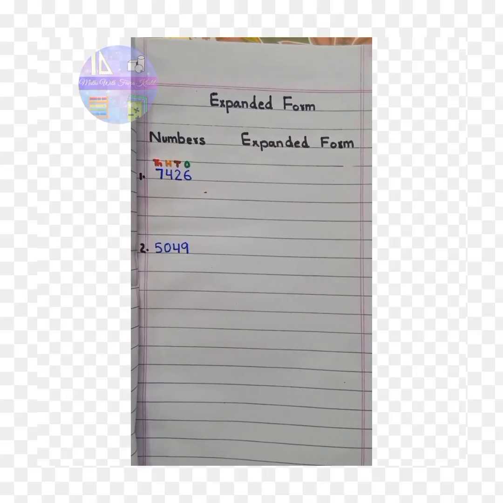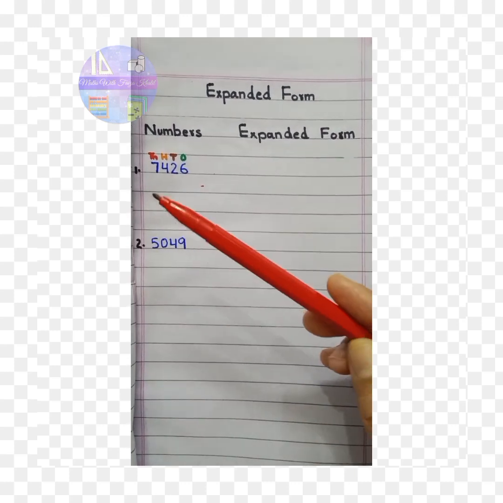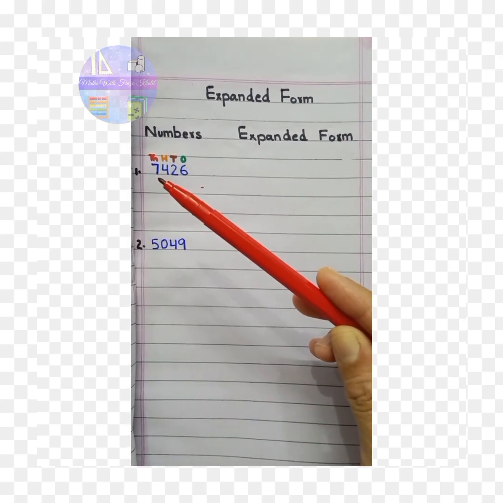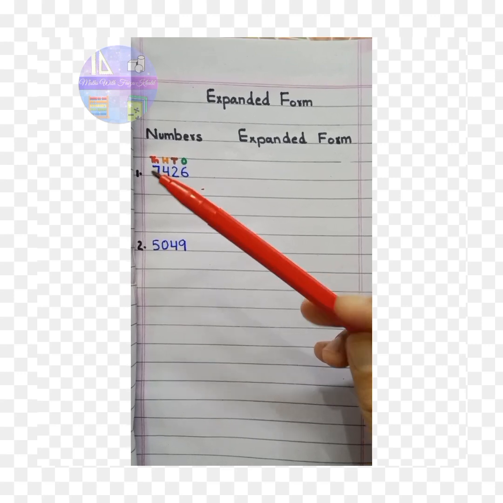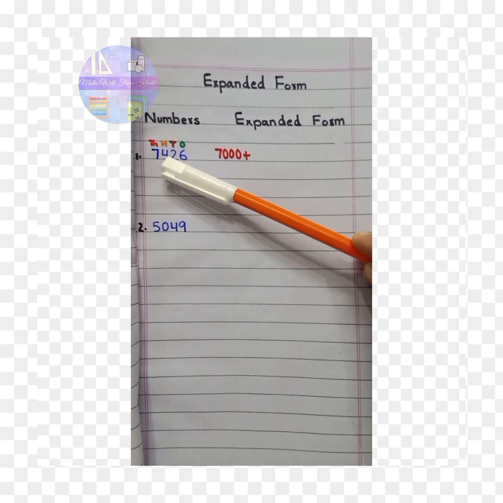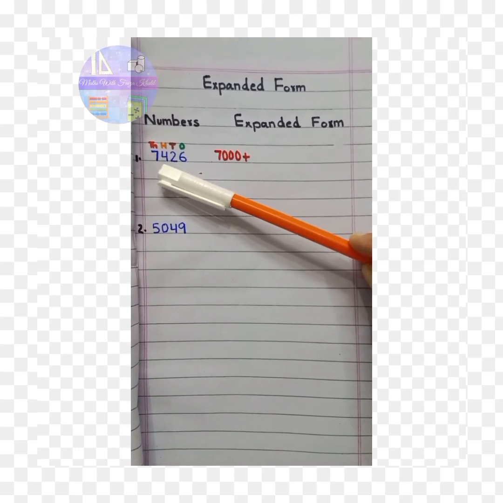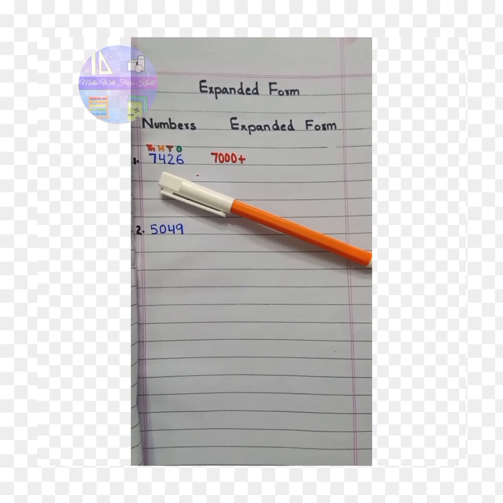Let's now write the expanded form. 7 is at thousand place, so multiply 7 by 1000 and write 7000. 4 is at hundreds place, so multiply 4 by 100 and write 400.